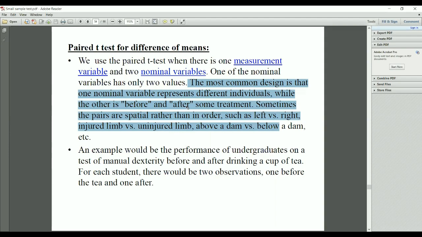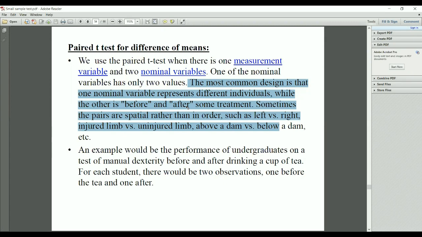Sometimes the pairs are left versus right, injured limb versus uninjured limb, and above a dam versus below a dam, etc. So whenever it is before and after, that person should be the same person.